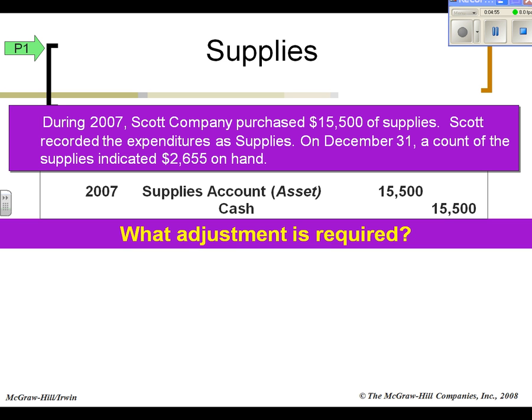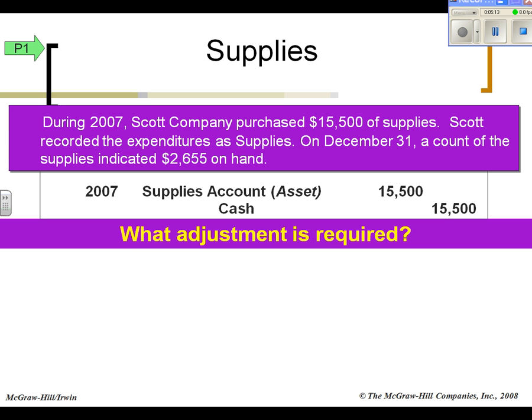Here we paid for it, but we have not incurred the expense yet. We didn't use any supplies yet when we recorded this purchase. At the end of the year, he does a physical count. So how much worth of supplies did we use? We'll just take the difference.